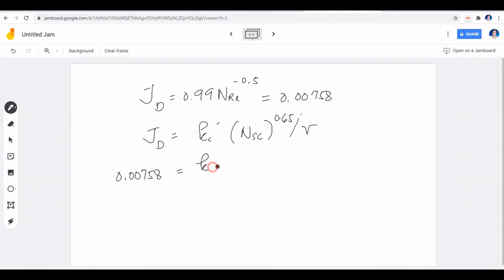Then I will have the k sub c prime. Then we'll have the Schmidt number here, which is 0.65, and I will have the velocity that is given, which is 0.061. I intentionally write it like this so you would know that for now you can't even solve the k sub c, because you don't know the Schmidt number. So this becomes your first equation here.